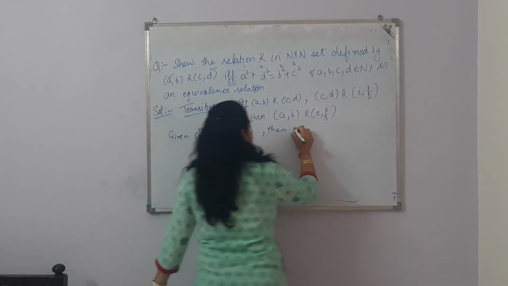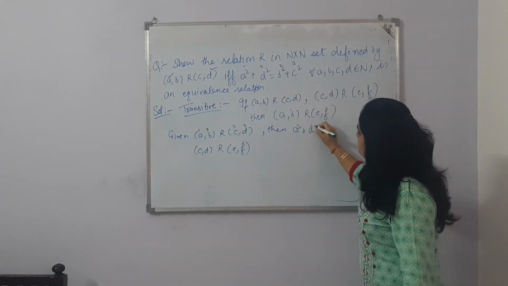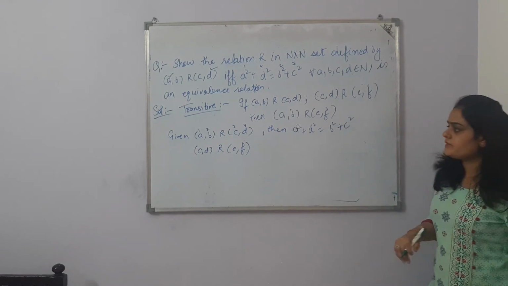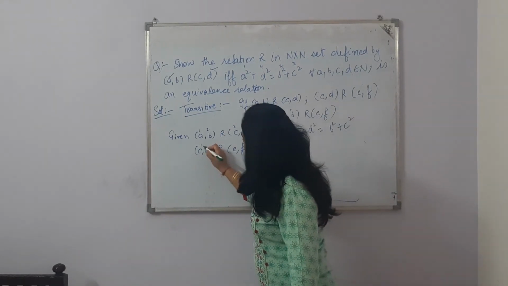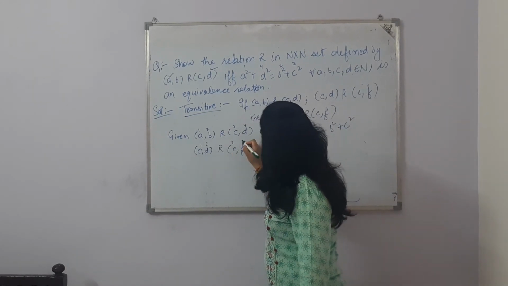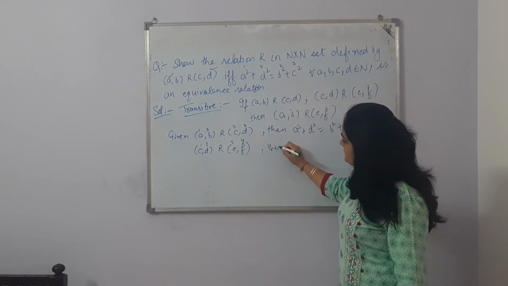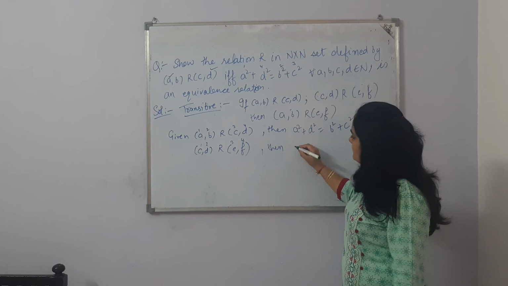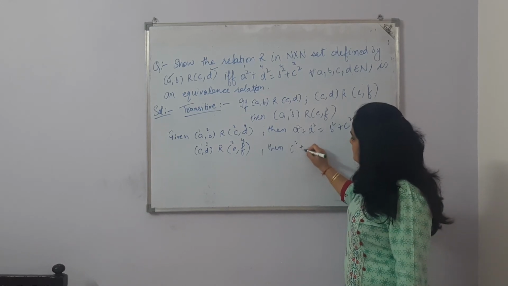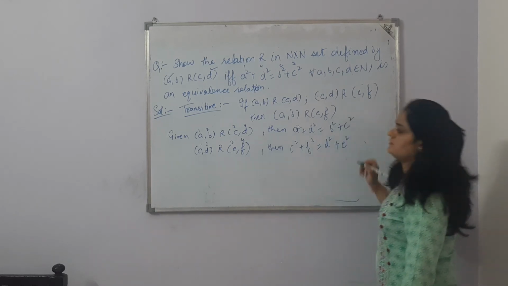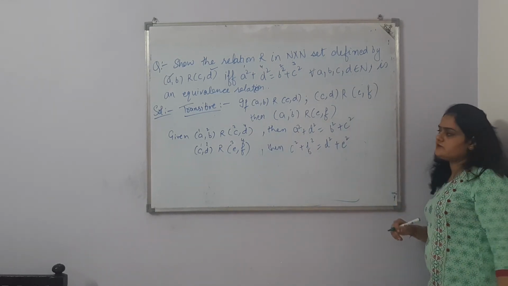A square plus B square is equal to B square plus C square. Again, for this relation, if CD is related to EF, then 1 is related with 4. C square plus F square is equal to D square plus E square. These are the given conditions.